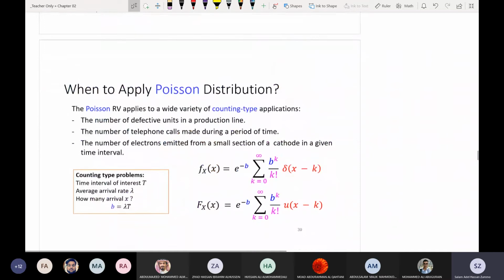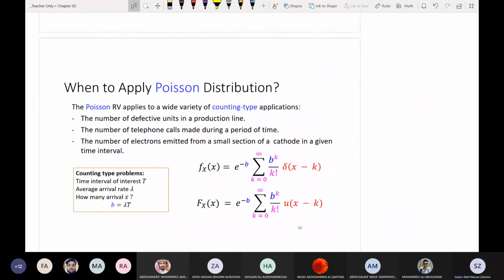So when do we apply the Poisson distribution? It applies, as we mentioned, to a very wide variety of counting applications. For example, the number of defective units in a production line. For people who work in industrial engineering, the Poisson distribution is like the ABC for them. It is a very important distribution for those who work in manufacturing or logistics or supply chain and so on.